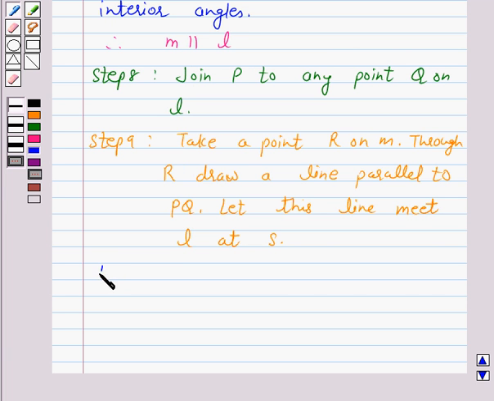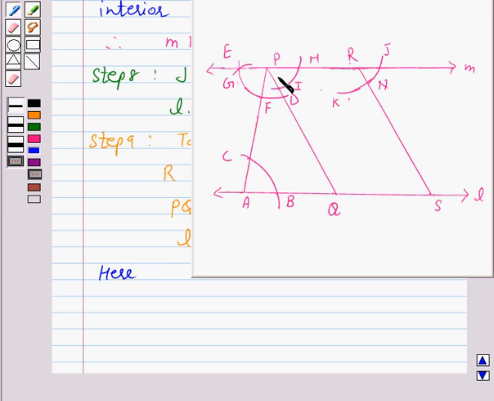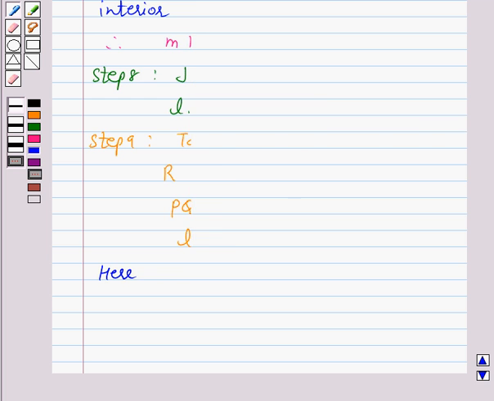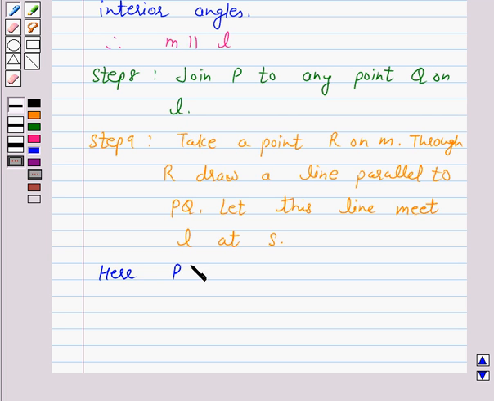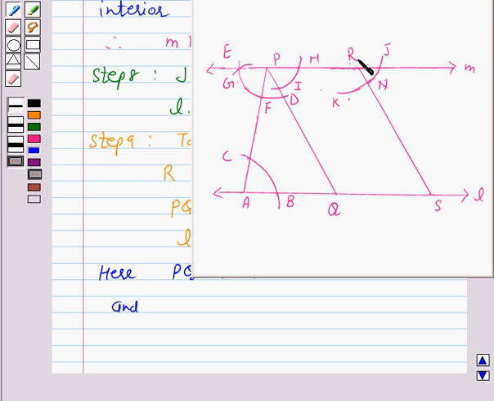So, here PQ is parallel to RS and PR is parallel to QS.